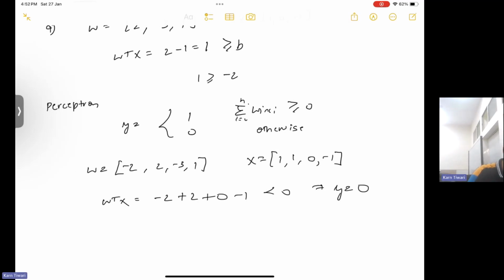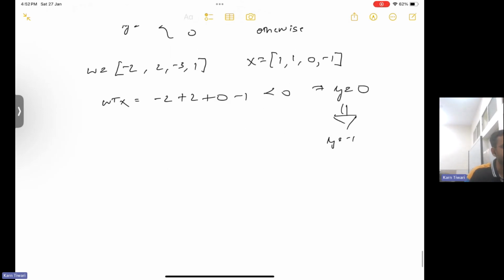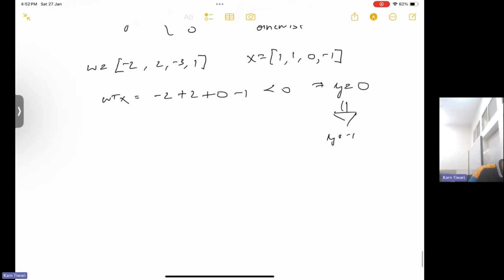But with this change of convention, Y equals minus 1. So the correct answer is minus 1. The output of the perceptron is minus 1 because of the sign change in convention as given below.